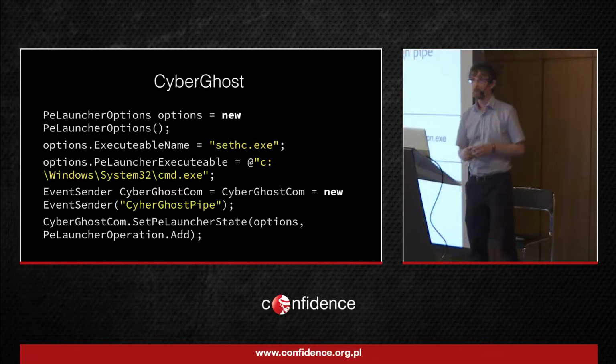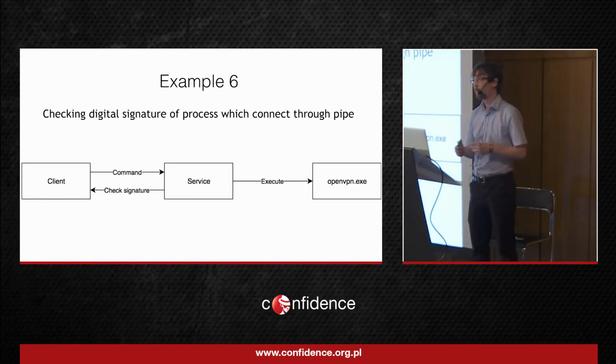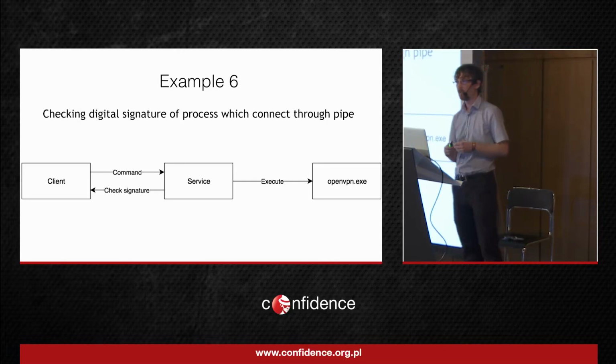So how can we improve our VPN software again? As you can see, most of my exploits I've written in Python. So maybe the service can check who is really sending commands to it.